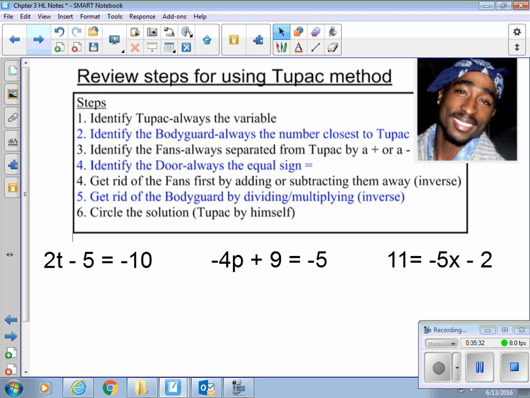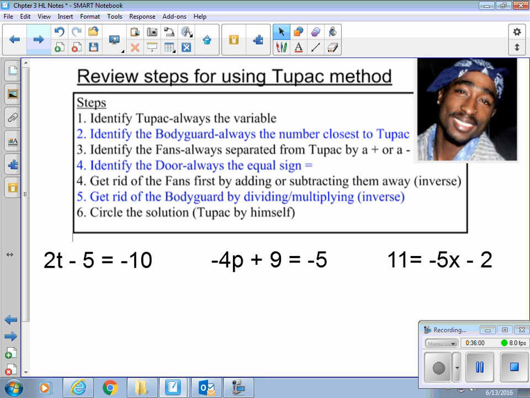Then you're going to identify the fans, and your fans are always separated from Tupac by either an addition or subtraction sign. So our fans are close to the stage. They're close to that famous person, but they're not quite as close as the bodyguard. The door to the concert will be your equal sign, and the people on the other side of that door are just going to be some more fans, those fans that couldn't get into the concert themselves.